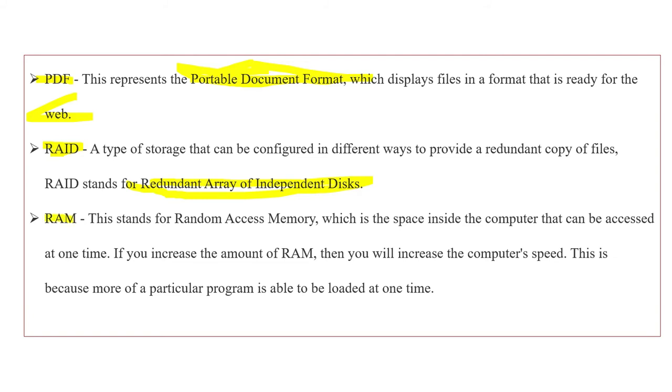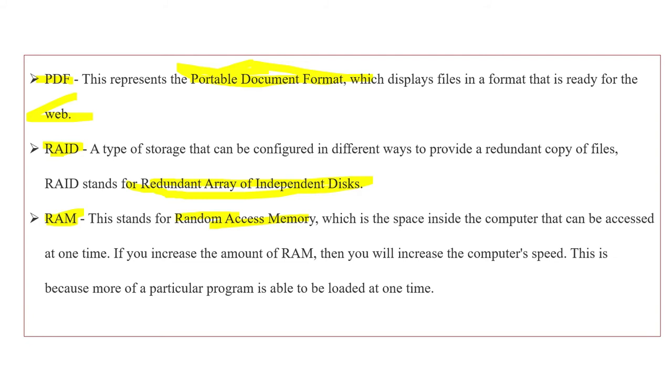Then we have RAM. RAM means random access memory, discussed in the memory lecture, you remember, okay. RAM stands for random access memory. It has two types that we have discussed already, PRAM and all, okay. So the full form of RAM is random access memory, which is the space inside the computer that can be accessed at one time.